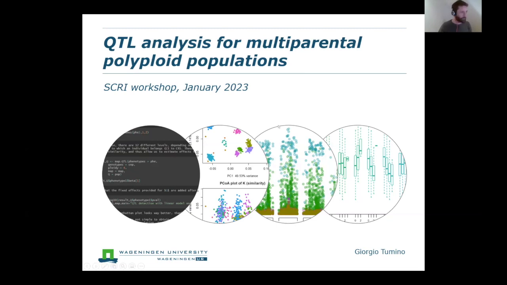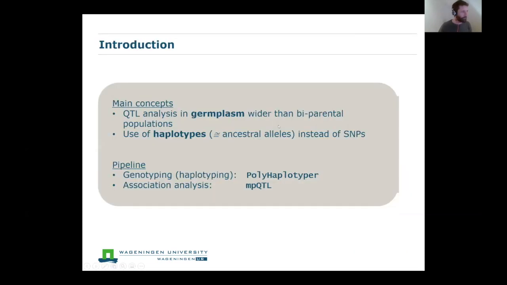So first I will introduce some main concepts that we had in mind when we developed these softwares. What we wanted to do was to run QTL analysis in a germplasm that is wider than a biparental population.